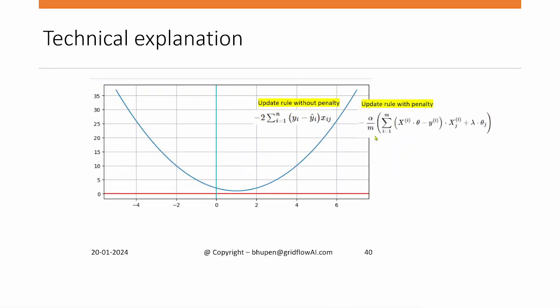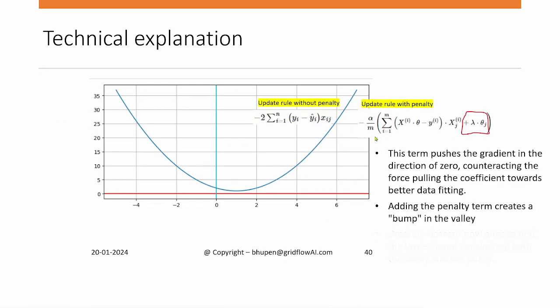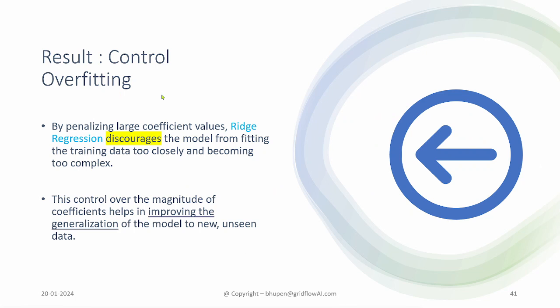I hope this explanation makes sense. Now, the same thing will happen with L1 regularization or L2 regularization. The result of adding the penalty term, for example in the case of ridge regression, because of the trade-off, discourages the model from fitting the training data very closely.